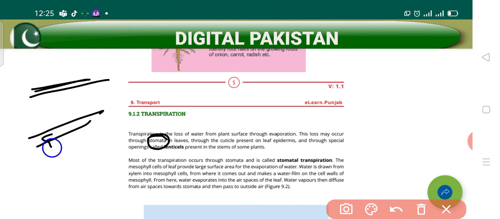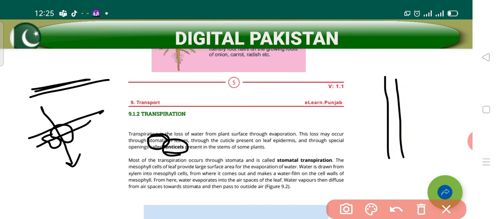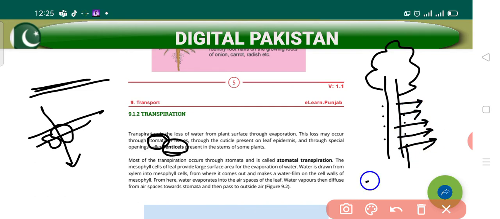These small openings help to transpire water out from the plant. Similarly, there are also small openings called lenticels present on the stems of the plant, through which water is removed.